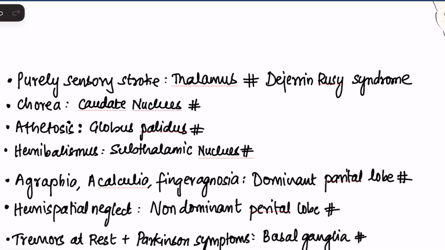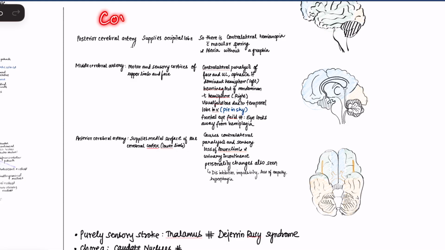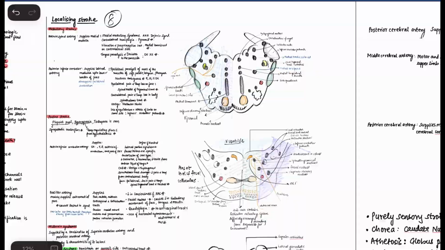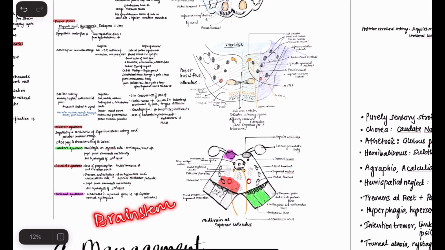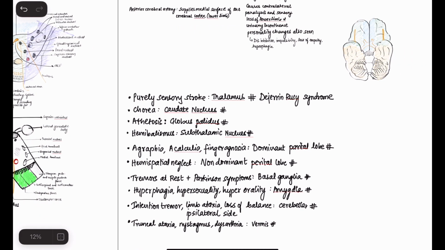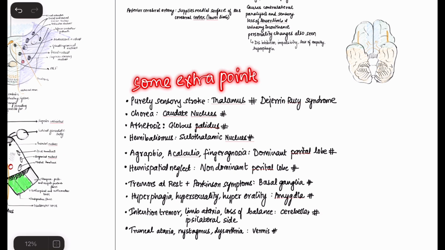Now that we've completed the previous discussion that talks about cortical strokes, and we've also completed the discussion where the brainstem is involved, we have completed a bulk of our localization discussions. Over here, I would like to talk about some extra pointers. Right.